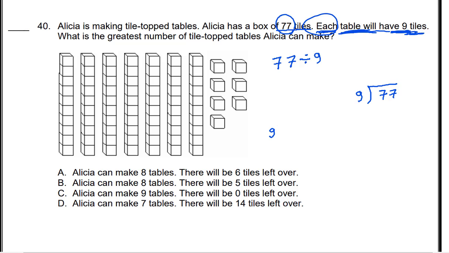So go through the timetable of 9 and try to find the 77. It's easy for you, my hero, to check the numbers here. It's one of these numbers. So 9 times 7, and 9 times 8, and 9 times 9. That's what we need to find.